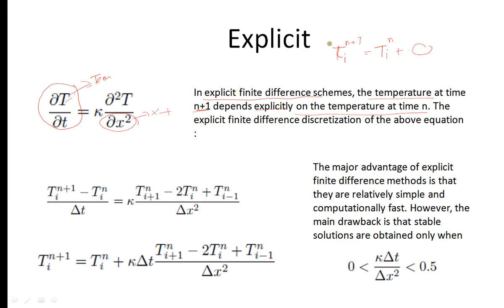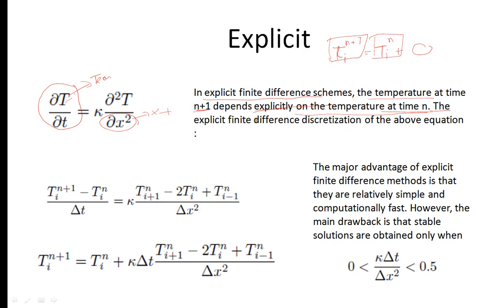So the next time step temperature depends on the present time step temperature, right? So in explicit finite difference schemes, the temperature at time step n+1, that means the future temperature, depends explicitly on the temperature at time n, the present temperature. So this is the explicit method.